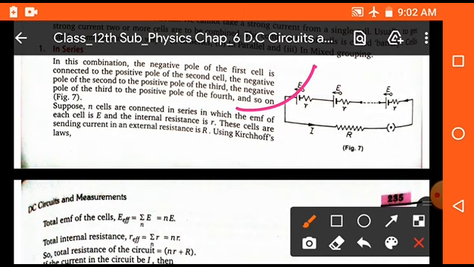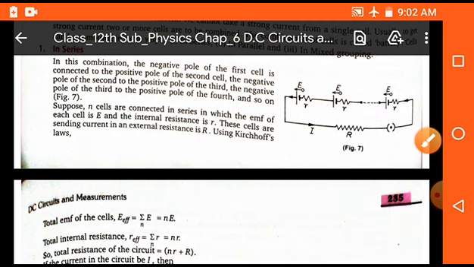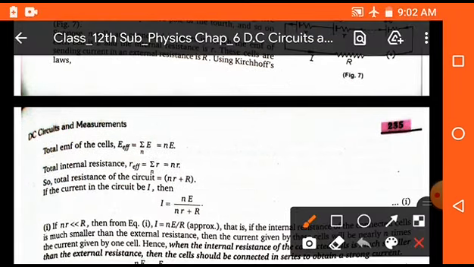They are connected in series with the help of a key and external resistance capital R. Now first of all, we will find the total internal resistance. So it will be the sum of r, which is equal to n times small r.